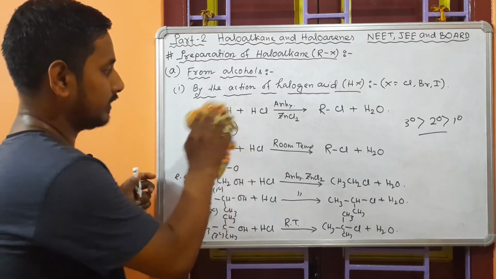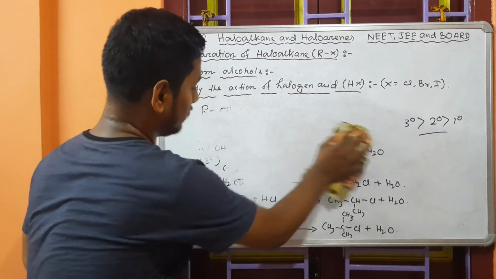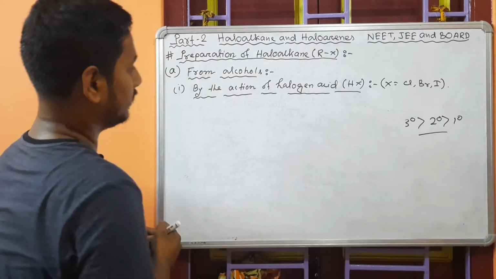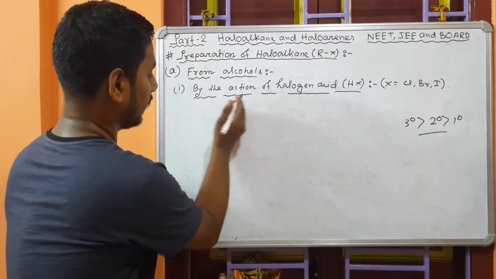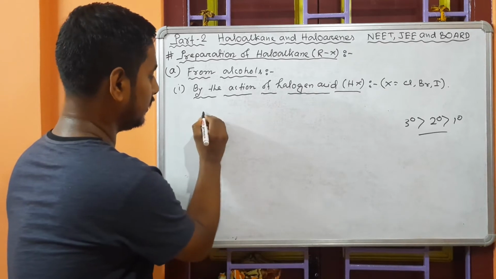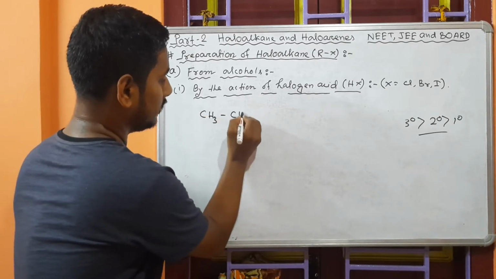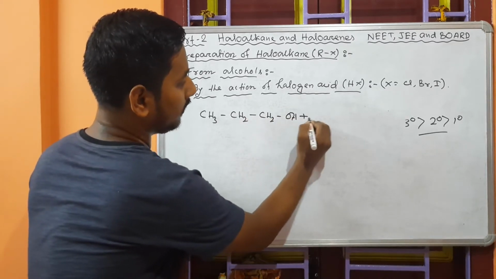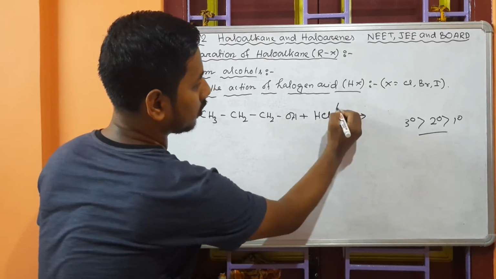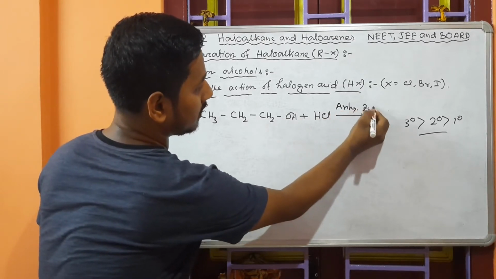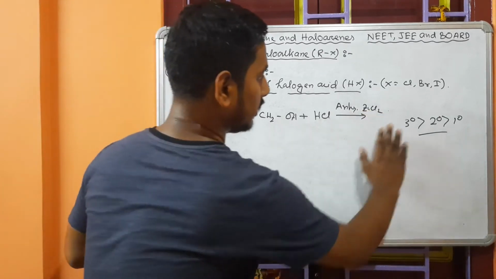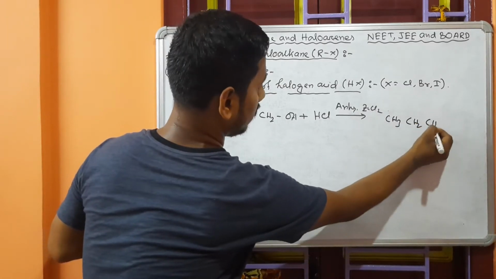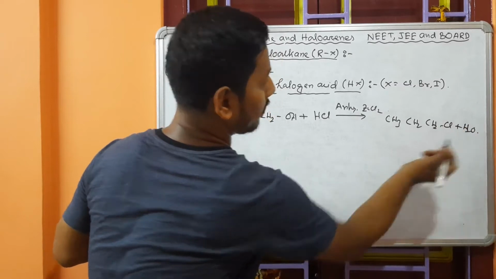Okay, after that, say you have one compound, say you have CH3CH2CH2OH. Okay, and when you give HCl to this reaction in presence of anhydrous ZnCl2, then you get the product CH3CH2CH2Cl and water as byproduct.